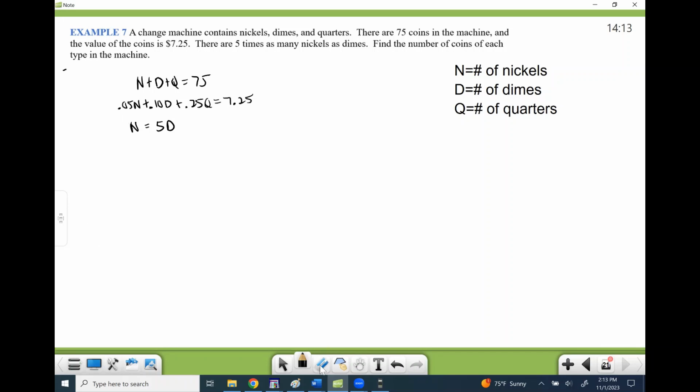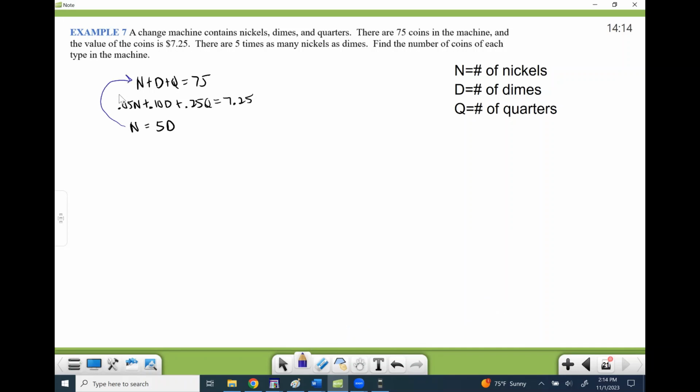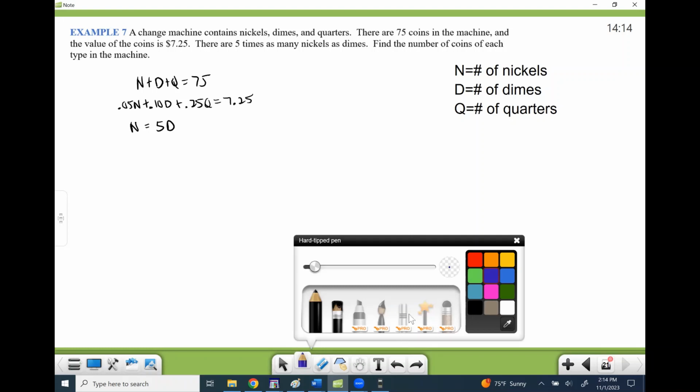Okay, so on one like this, I probably would just use substitution. Let's do that just so we've seen that. So in other words, we're going to take 5D, and we're going to substitute it in anywhere where we have an N. But before I do that, I am noticing here that I have a lot of decimals. So let me try to get rid of the decimals really fast.